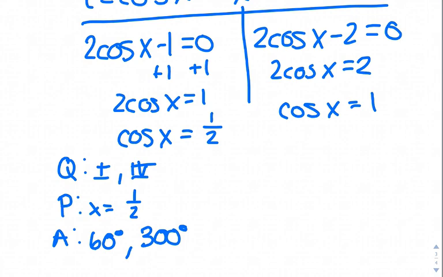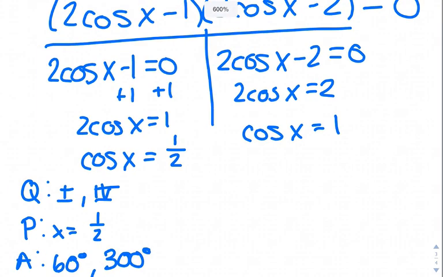Let's go on to cosine x equals 1. 1 is a positive number, so it could be in quadrant 1 or 4. Remember that when cosine is a whole number, it has to be on your axes, either your x-axis or y-axis. If you think about your unit circle, this occurs where your angle is 0 degrees and 360.